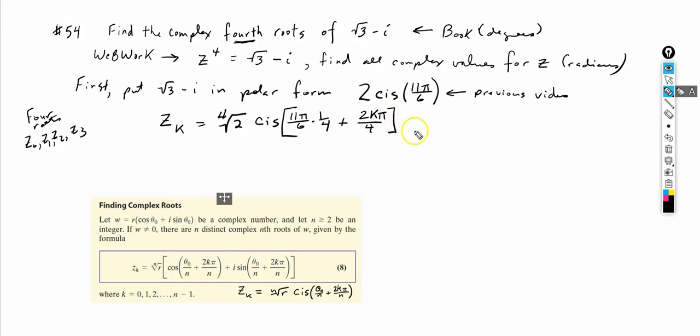Okay, and so let's see if we can just clean it up. I'm going to have the fourth root of 2 out the front, then times cis of, well, 11 pi over 6 times a fourth is going to be 11 pi over 24, plus 2k pi over 4, which after cancellation is going to be k pi over 2.